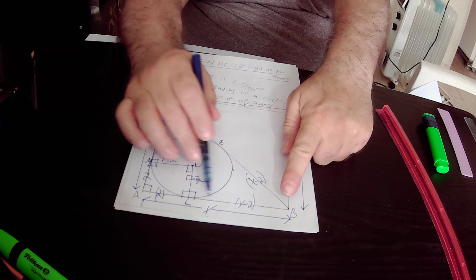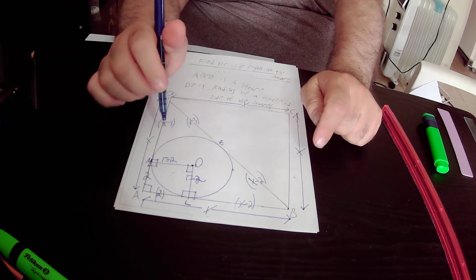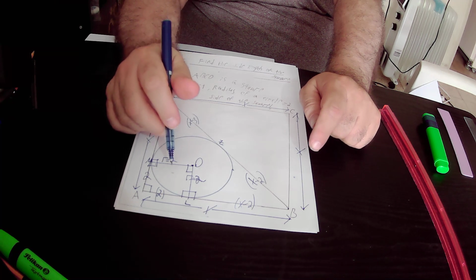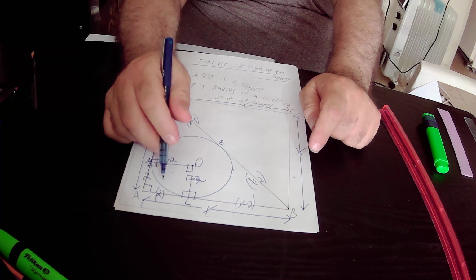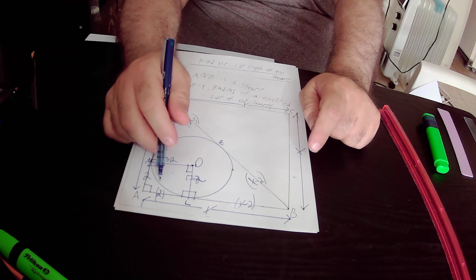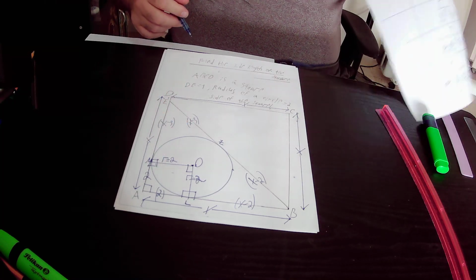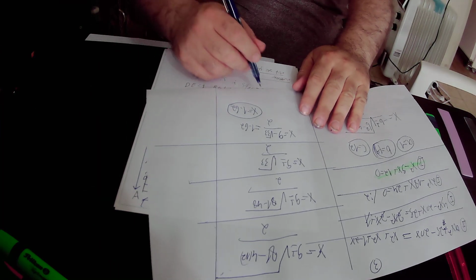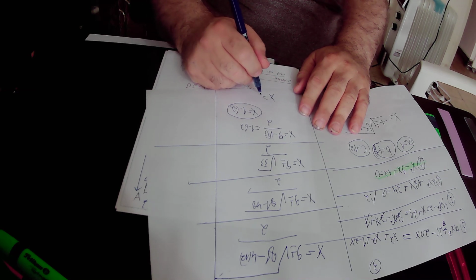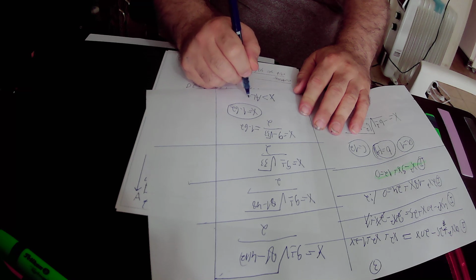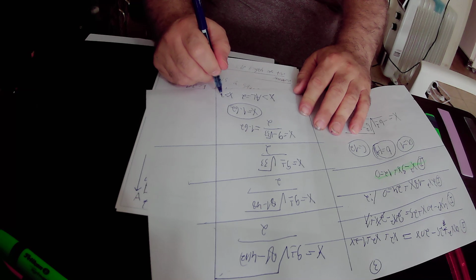It's very easy to see that x is greater than AL, and AL itself equals 2 units. And x is greater, so x must be greater than 2 units. That is to say, x is greater than 2 units.